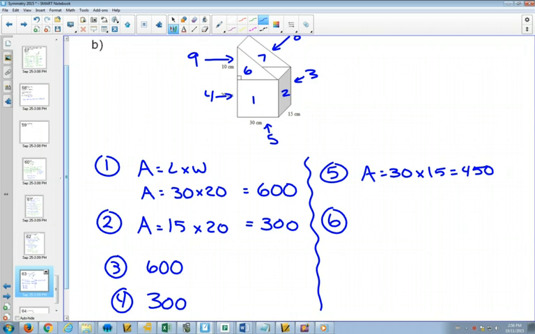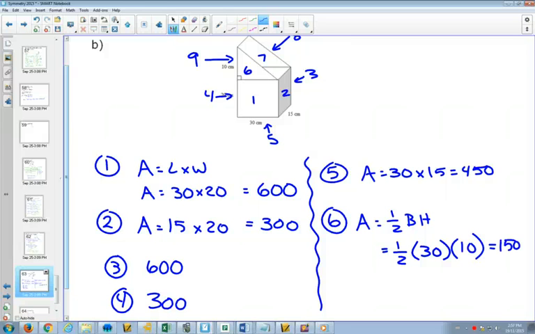Base times height divided by 2. You're always looking for the 90 degree to figure out the height. On your formula, I think it has the half first and then base, then height. Our base is going to be 30 and our height is 10. Multiply that out and you get 150.